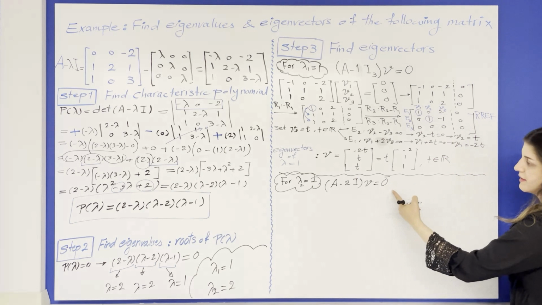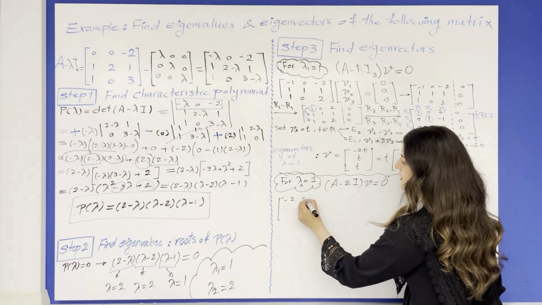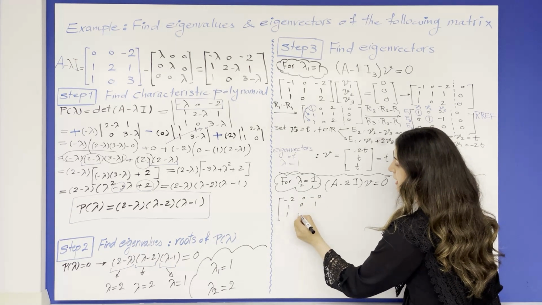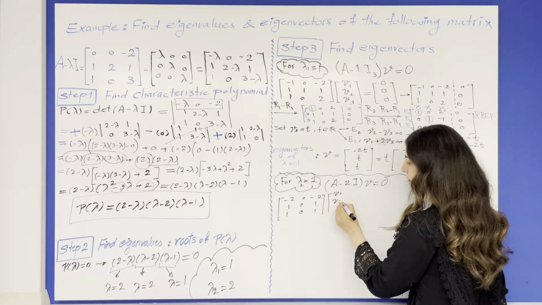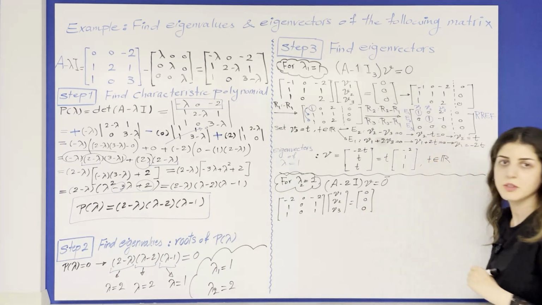If I write this down, I get -2, 0, -2, 1, 0, 1, 1, 0, 1 times v1, v2, v3 being equal to vector 0.